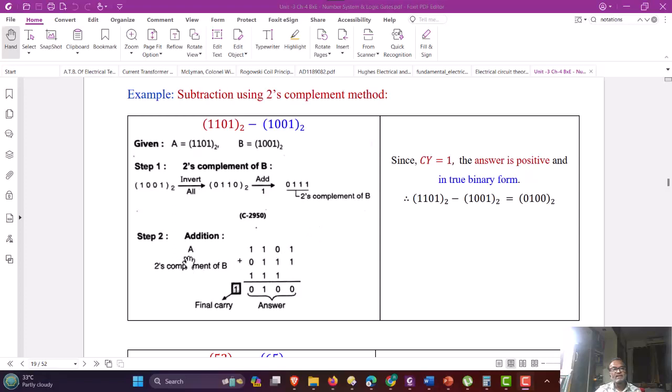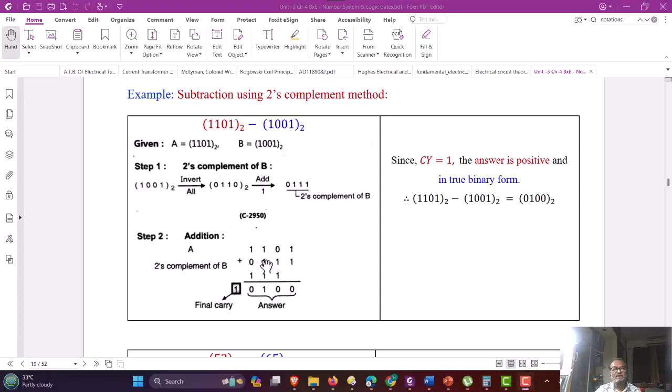Next step is to add this 2's complement to the number A. Number A is 1101. We have the 2's complement of B, that is 0111, and we can add this column by column. So 1 plus 1 is 0, carry 1. Again 1 plus 1 is 0, carry 1.